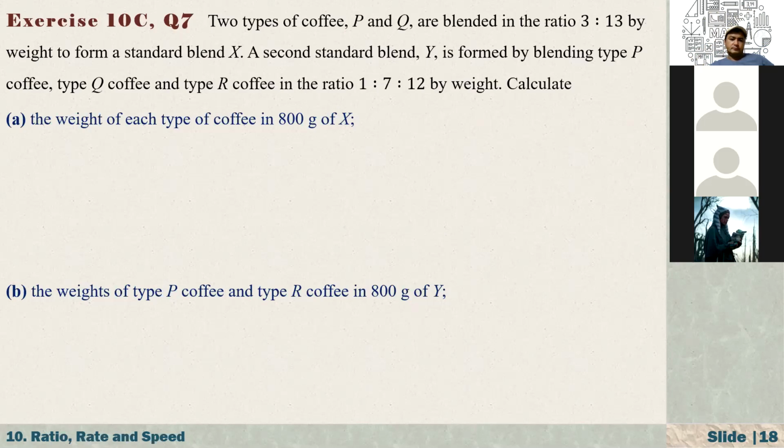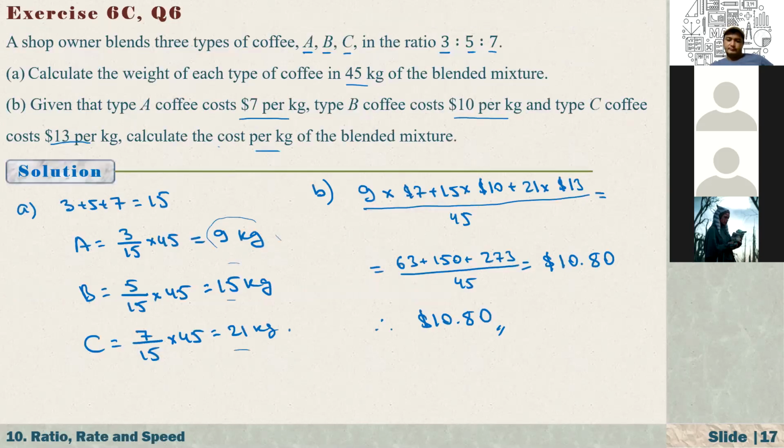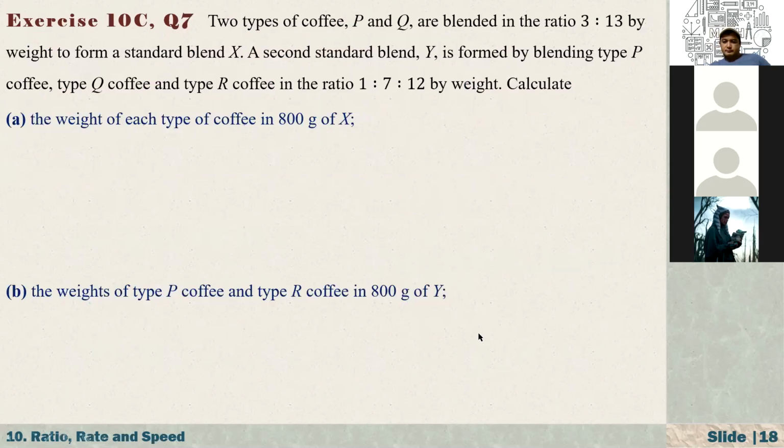Calculate the weight of each type of coffee in 800 grams of X. Okay. Question B. My screen went black. I don't know, the screen disappeared for me.